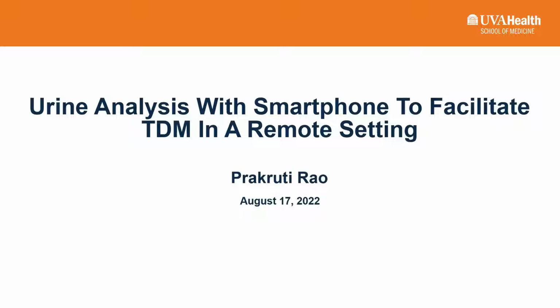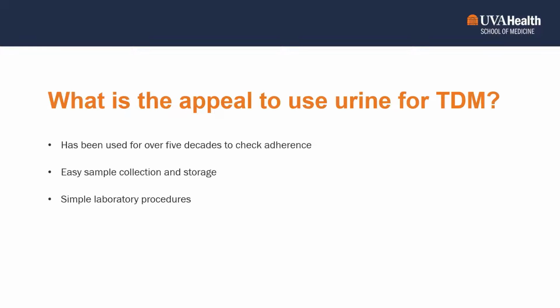So my topic for today is urine analysis with smartphone to facilitate TDM in a remote setting. I have no conflict of interest to disclose. A lot of our previous speakers discussed using DBS or saliva, and I wanted to discuss initially what the appeal of using urine for TDM is.